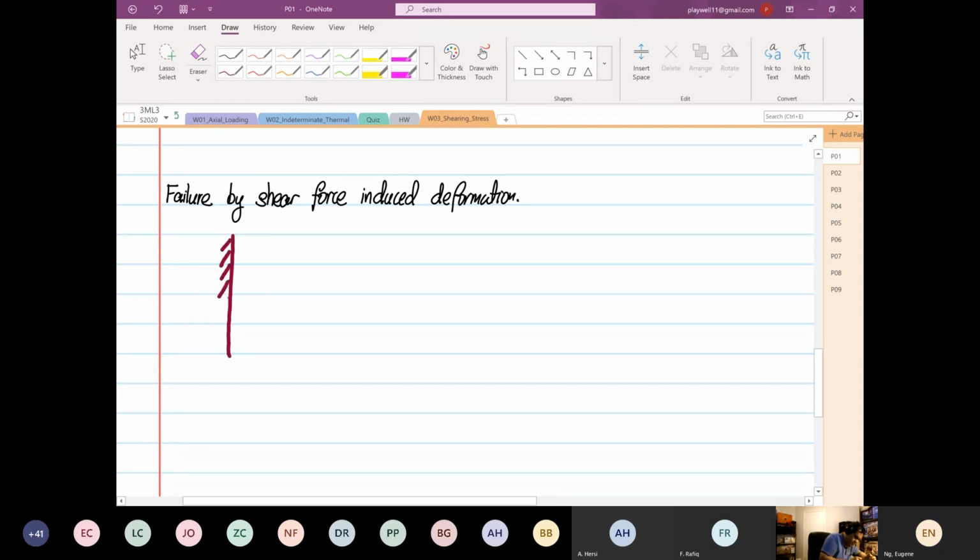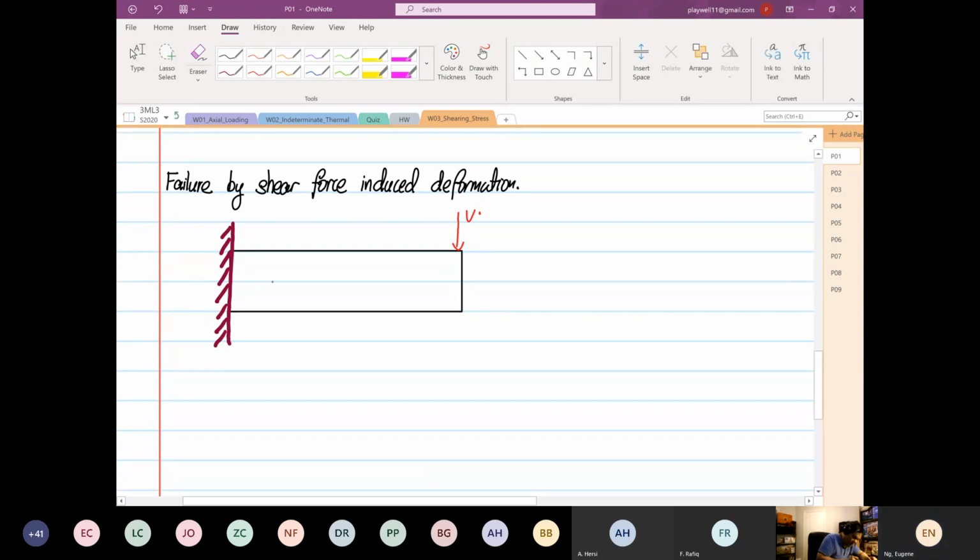One end is fixed, the other end is free, so it's built in, and then we have an applied force over here, right at the end, V, and then we're going to divide the beam into layers.